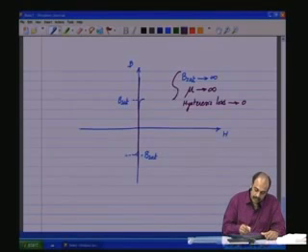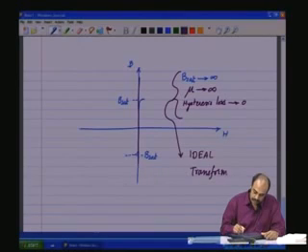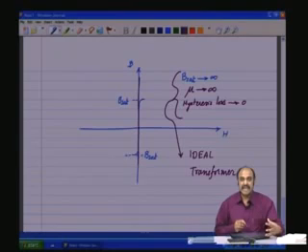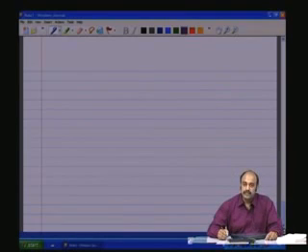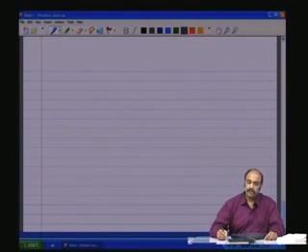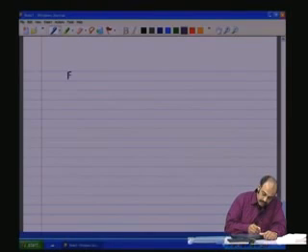Note that all these would be features of an ideal transformer, something that we expect it to have. One more feature that is expected of the ideal transformer is that there should not be eddy current losses.